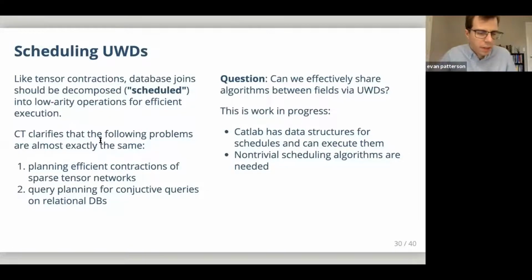The perspective that category theory provides clarifies that the following two problems are almost exactly the same: the problem of planning the efficient contraction of sparse tensor networks is nearly the same as the problem of query planning for conjunctive queries on relational databases. That's a neat observation.